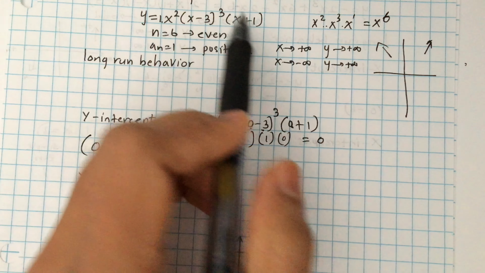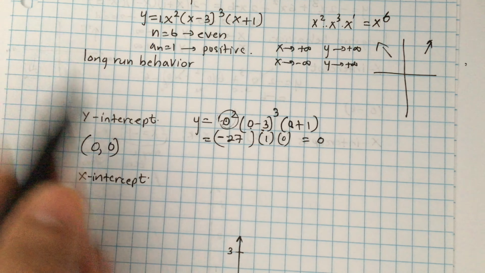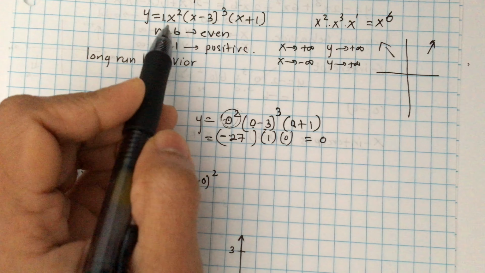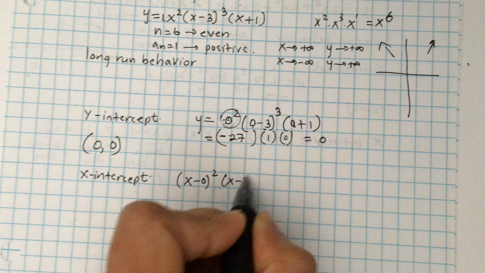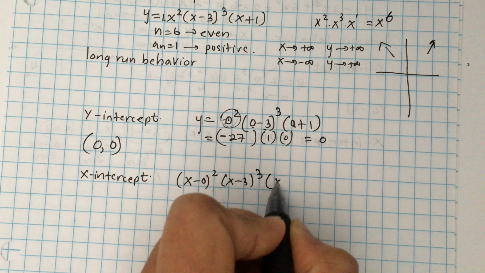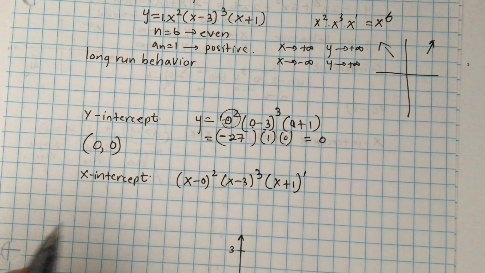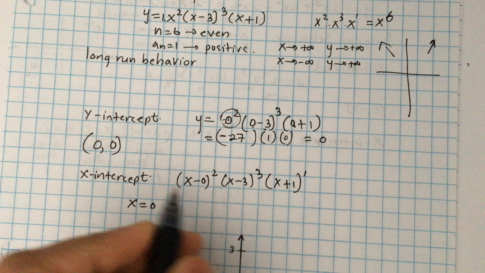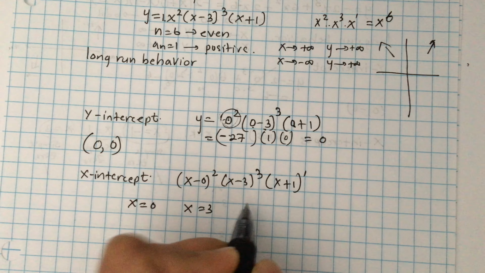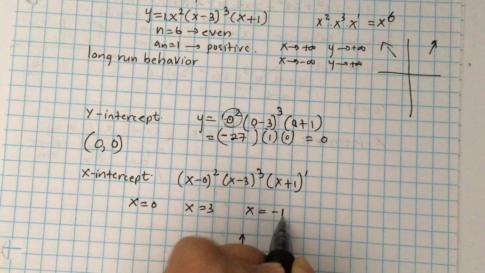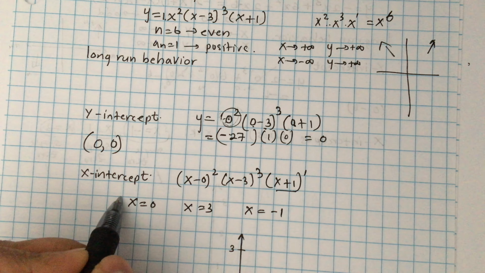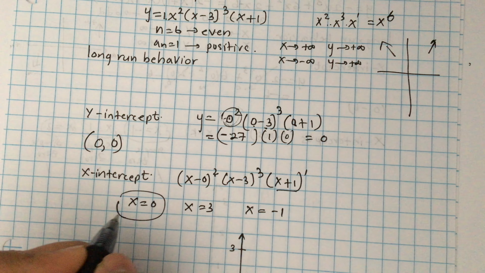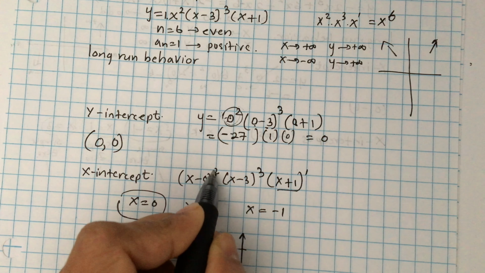And what are the x-intercepts? Look at the factors. So here x squared is (x minus 0) squared, right? x squared. And you have (x minus 3) to the power 3, (x plus 1) to the power 1, right? So at x equals 0, you have a 0, right? At x equals 3, another 0. At x equals -1, you have a 0. So this 0, if you look at the power, it's 2, right?